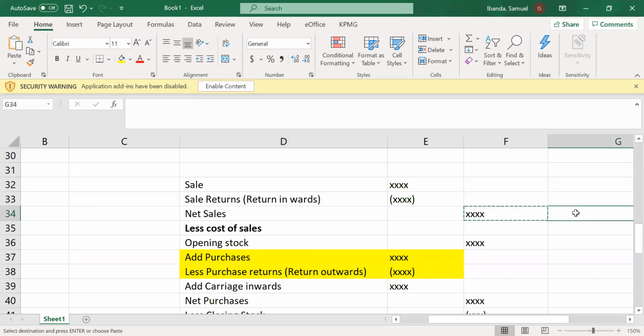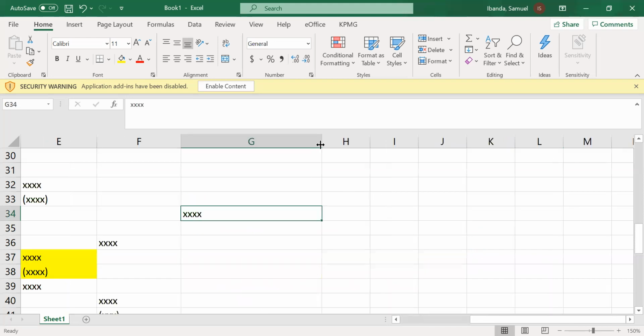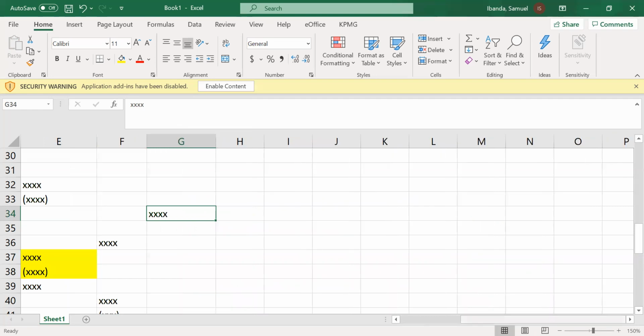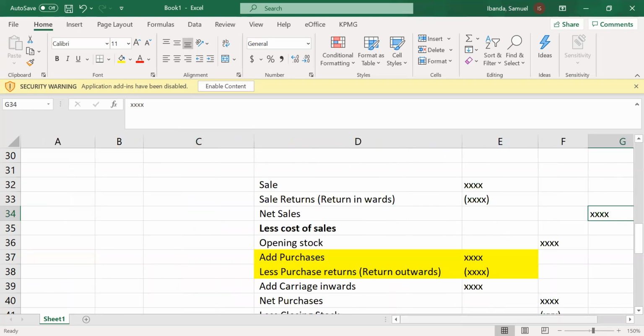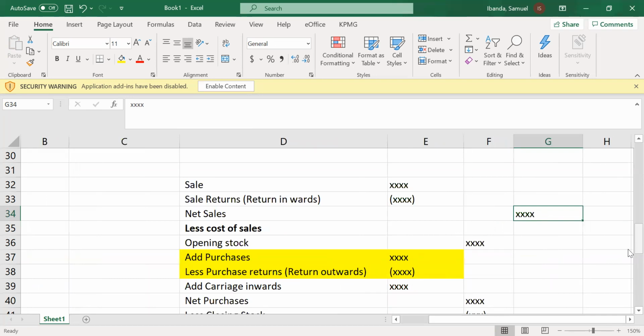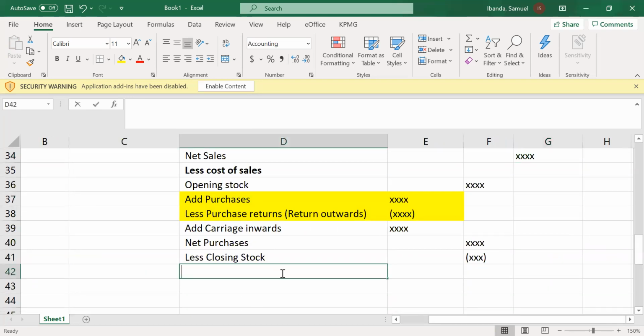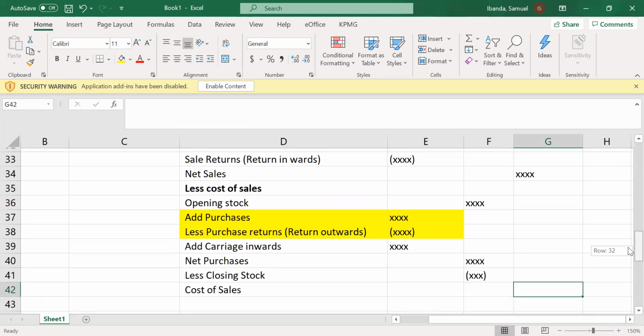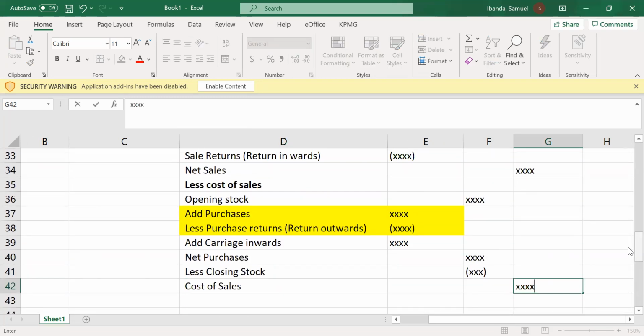So let's imagine this is here. Let me show you something small. So you get your cost of sales, which will be here.